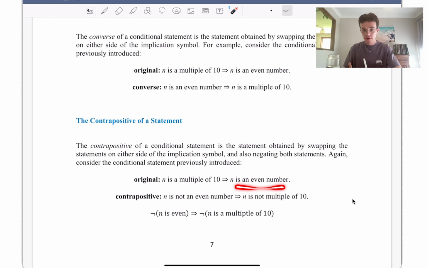So n is an even number becomes n is not an even number, and n is a multiple of 10 becomes n is not a multiple of 10. Now in this topic and in mathematics, instead of saying not, we often use this symbol here. So n is not even, and n is not a multiple of 10.